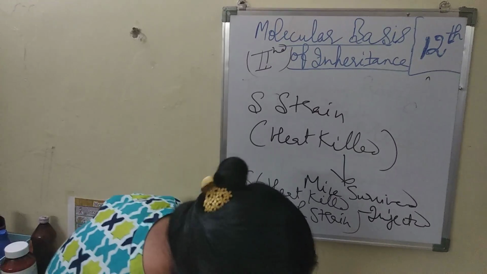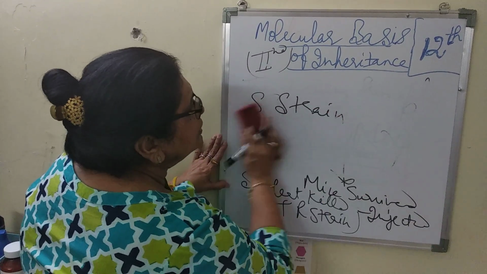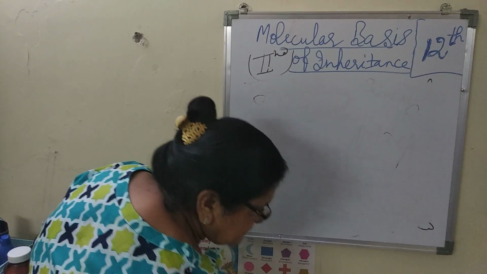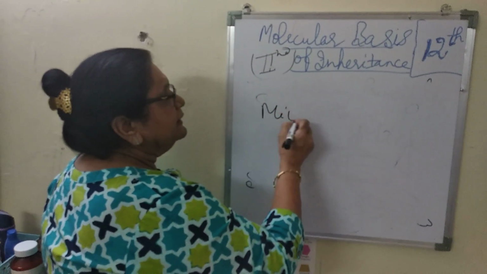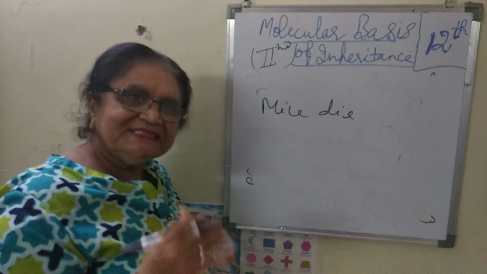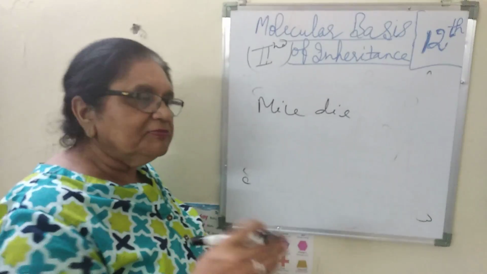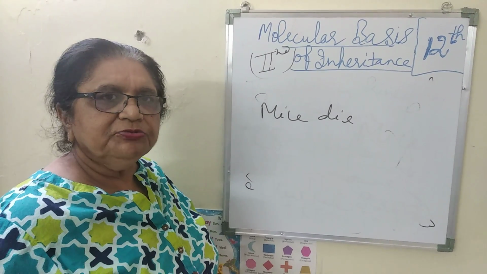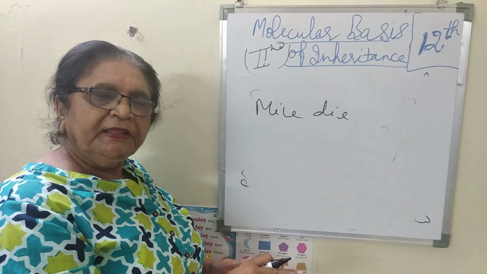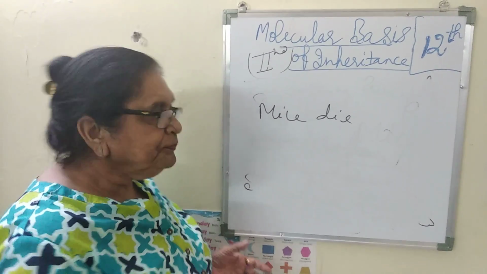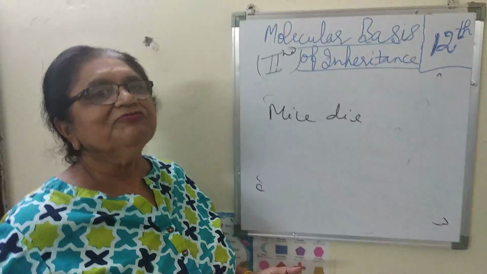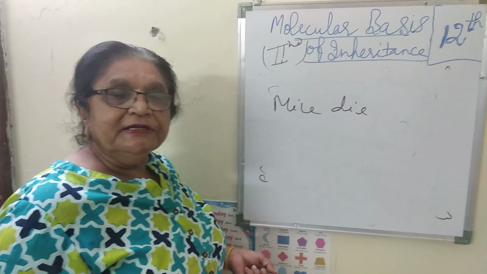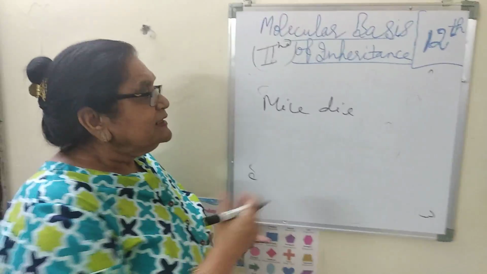So what he found is that now the mice die. What does it mean? Something very important was transferred from one to the other. That means from the heat-killed S strain to the R strain, and the R strain now becomes virulent, which causes disease. So he proved that something is transferred from one to the other and the mice die.